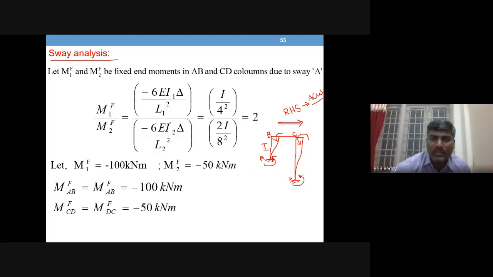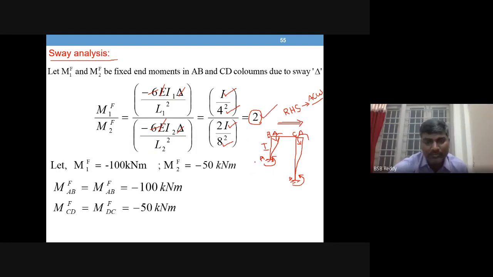E cancels, and Δ is the same, the same sway value. So only I1/L1² matters: I1 is I, L1 is 4, I2 is 2I for column CD, L is 8. The ratio is 2. So the moments that you assume should be in this ratio.